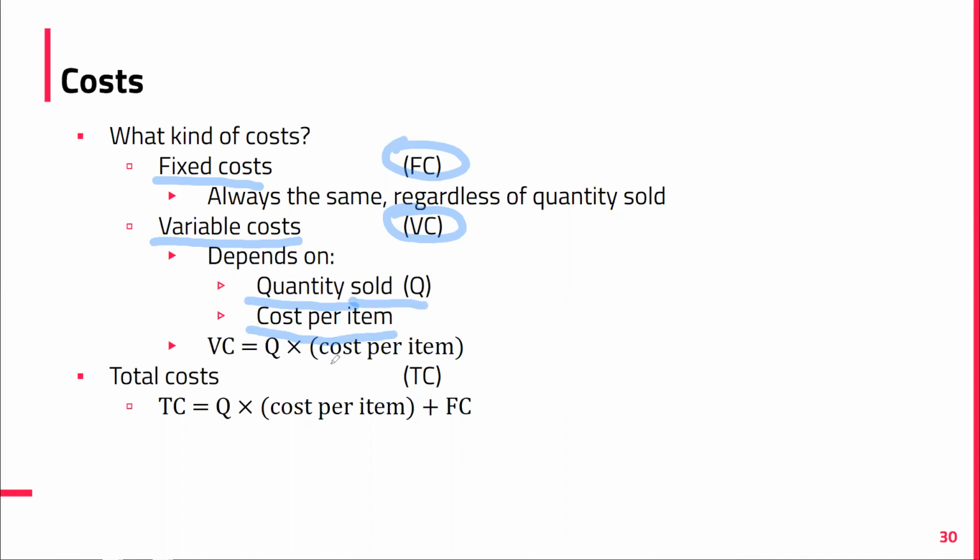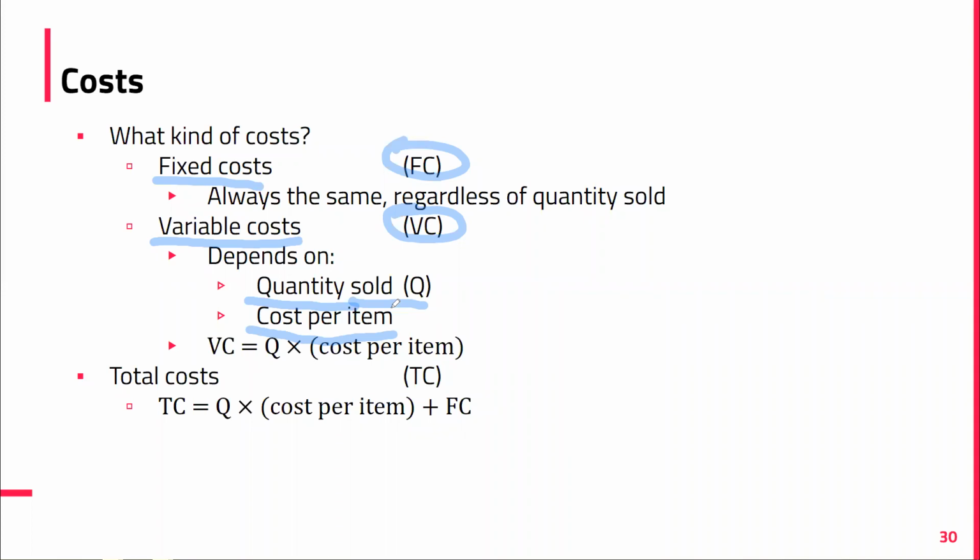You might think quantity produced would make more sense, but we want to be able to compare revenue and cost directly. If we use quantity produced for calculating costs, but then quantity sold for calculating revenue, then they're different values and they're not directly comparable. So instead, we always talk about it as quantity sold.